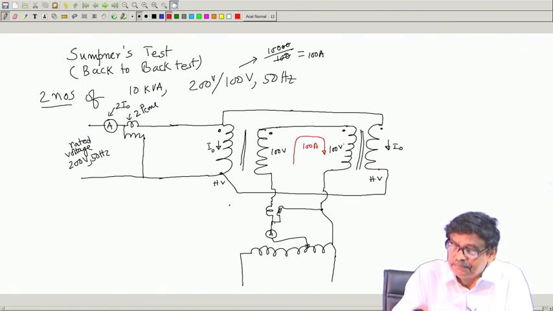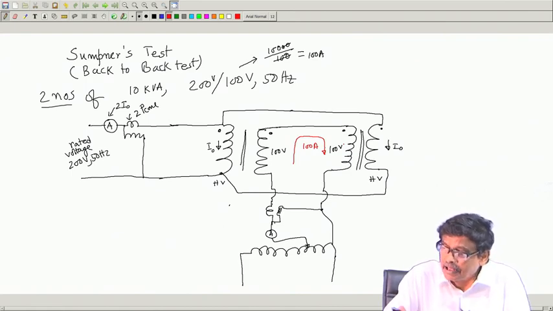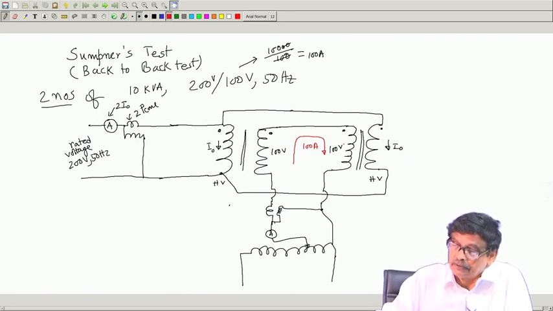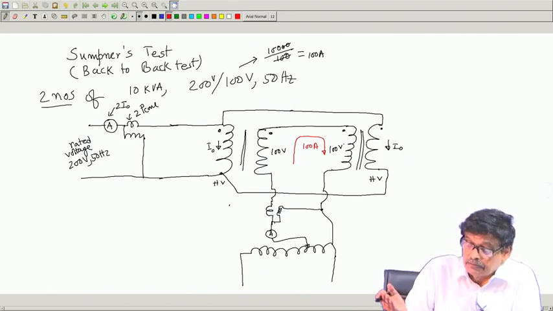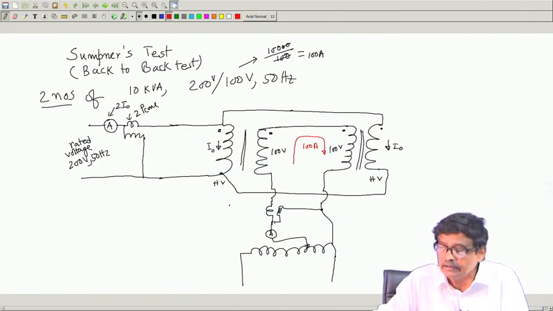This is the secondary and primary of a transformer having a magnetic core, and this is also a primary and secondary having its own separate magnetic core, but flux in the core cannot be changed because KVL is to be satisfied here, that good old reasoning argument.